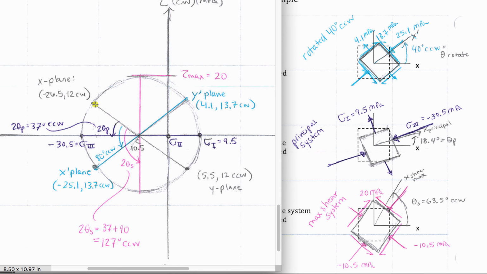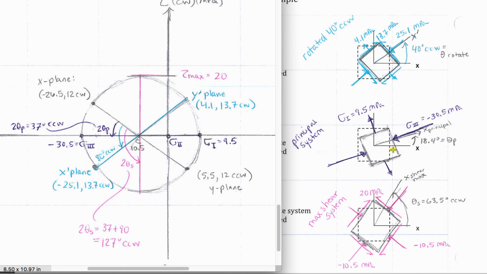And we see that our x-plane went to our x-prime plane, which is negative 25.1 and 13.7 counterclockwise. So here's negative 25.1 and 13.7 going counterclockwise. And then our y-plane rotated to y-prime, which was 4.1 and 13.7 clockwise. So here's 4.1, 13.7 clockwise. So everything's consistent. Our equations popped out that x-prime should be negative 25.1, y-prime should be 4.1, and our tau x-prime y-prime should be a positive 13.7, which is what we get.